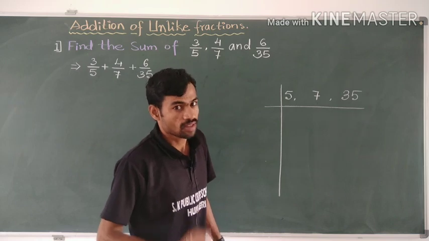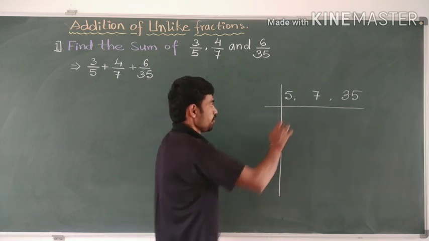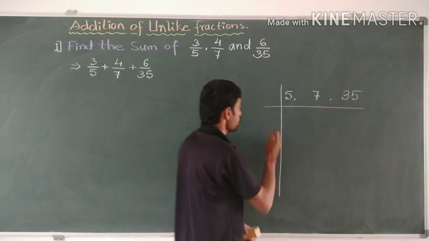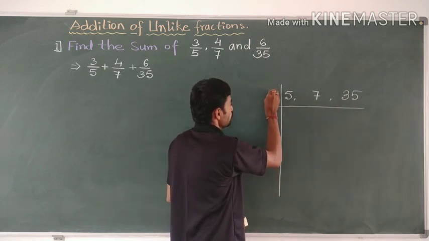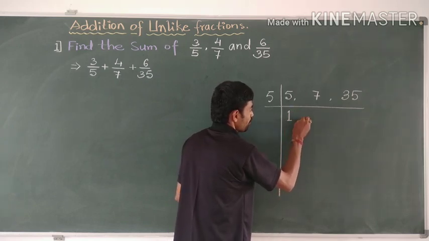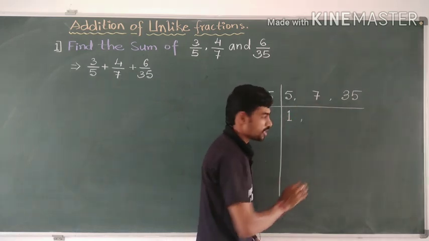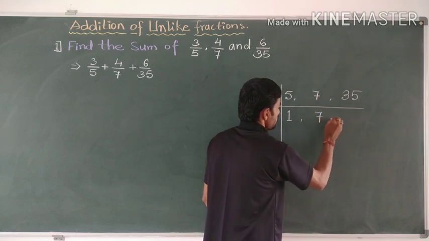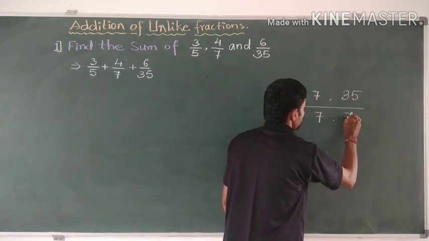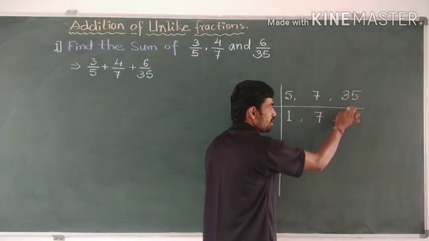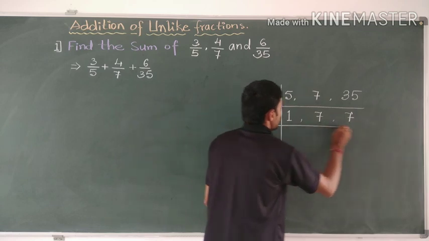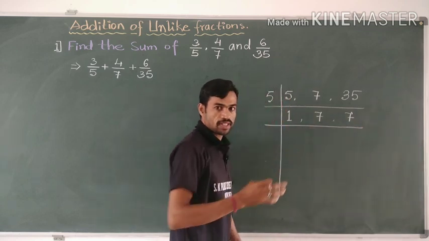Next prime number is 5. 5 is divisible by 5, and 35 is also divisible by 5. So 5 ones are 5. 7 is not divisible, so we keep it as it is. 5 sevens are 35. Again 7 is not divisible by 5.